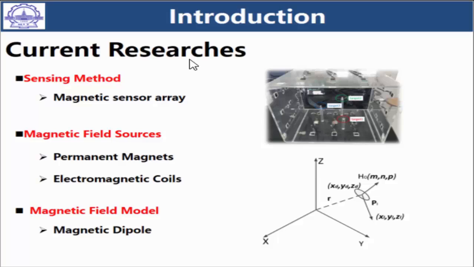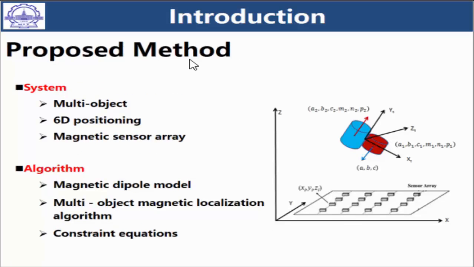However, its disadvantage is that it can only provide the 5D information of the dipole, such as the 3D position and the 2D orientation information.